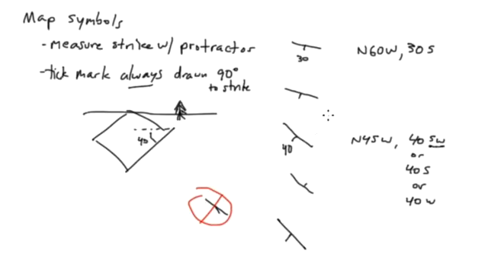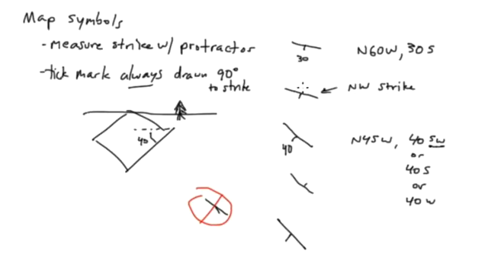Most of this information is also covered in the lab. And I think you've gotten, at this point, most of the information you need to do the lab. The last part of the lab asks you about some impossible situations. For example, if the strike is a northwest strike, the dip has to be either northeast or southwest.